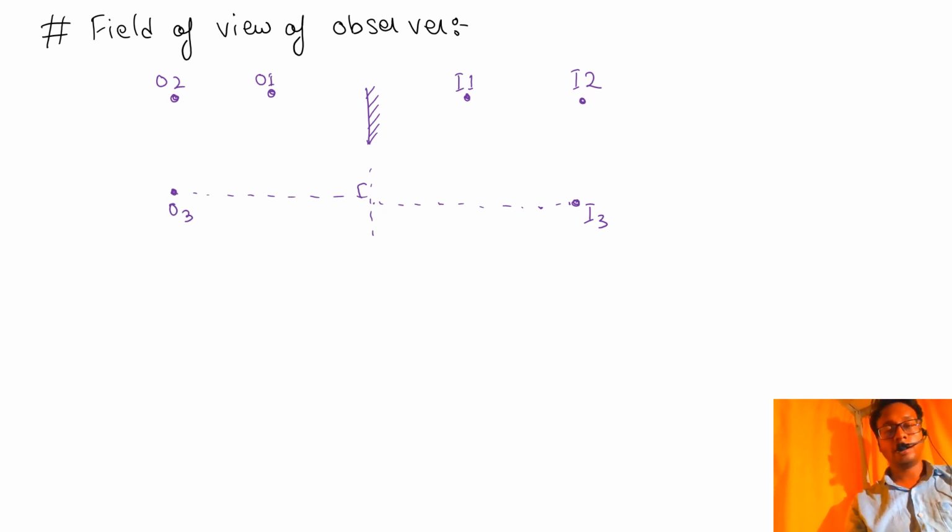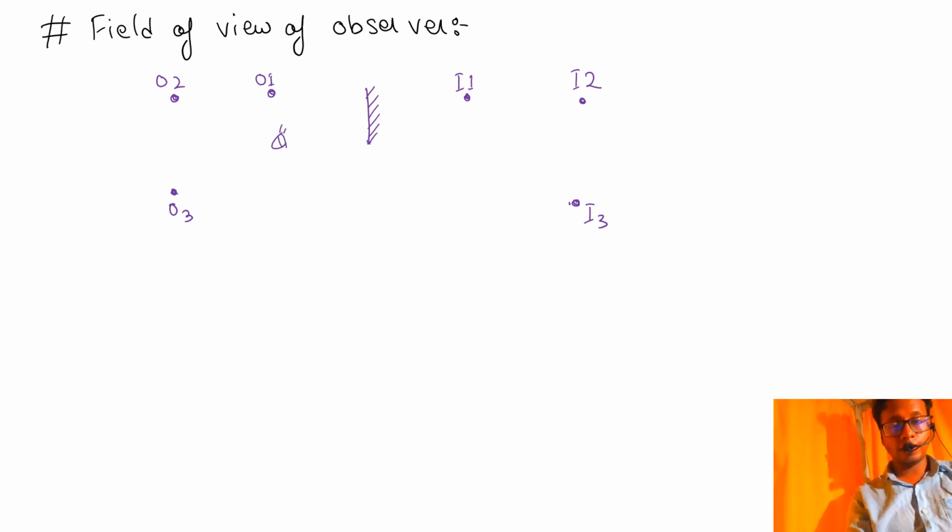Okay, now my question is, let's erase this line, otherwise it will get confusing very fast. Now my question is, how many images can an observer out here see?